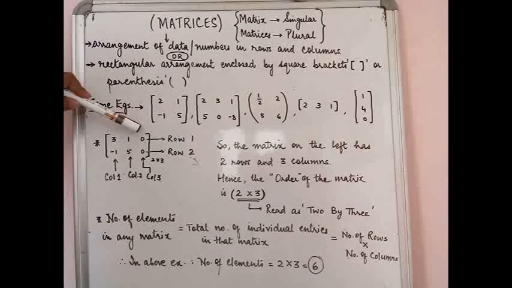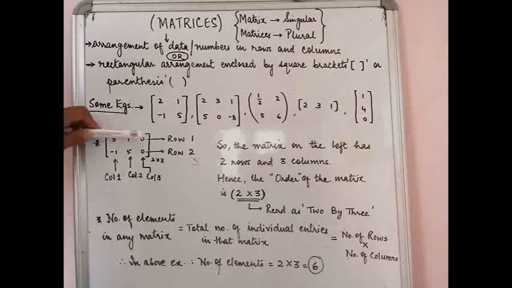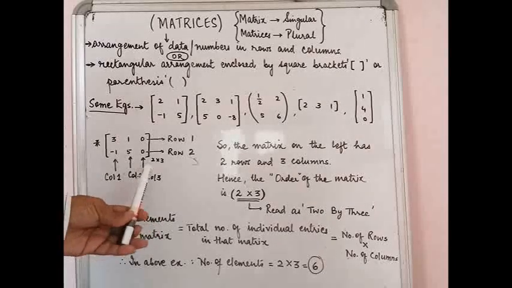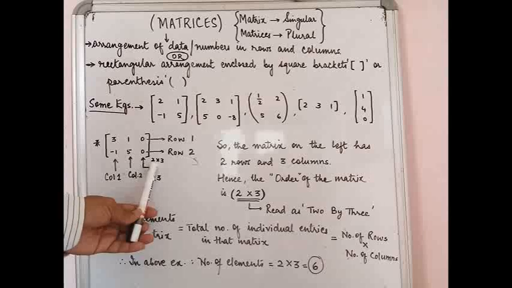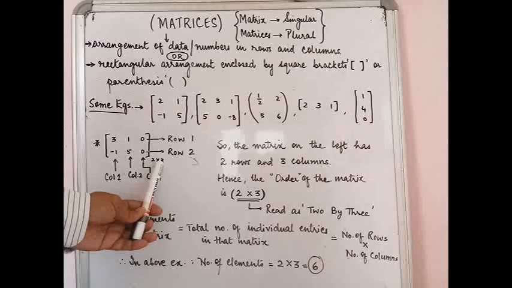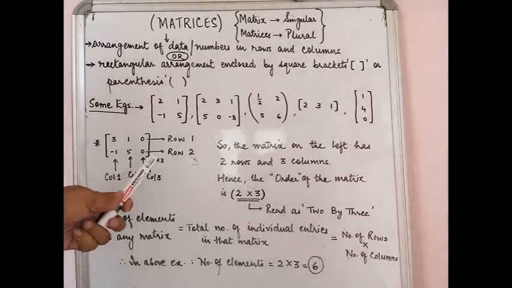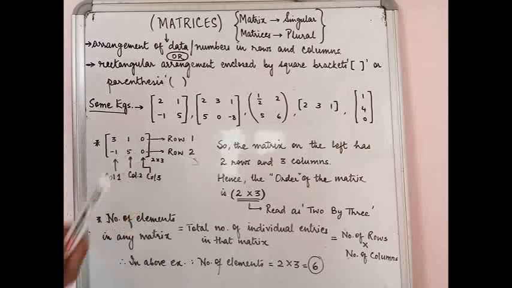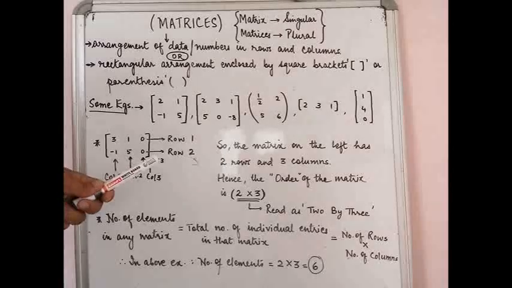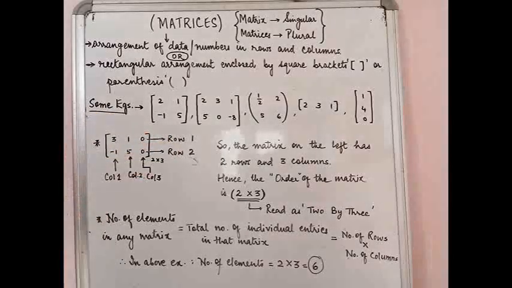If you have a look at this example that I had shown over here, we have already counted that there are 2 rows and there are 3 columns. So in small numbers, at the right hand bottom side of it, if we write 2 by 3, this representation on the right hand bottom corner of a matrix is what is known as the order of that particular matrix, and that order will give you 2 pieces of information.